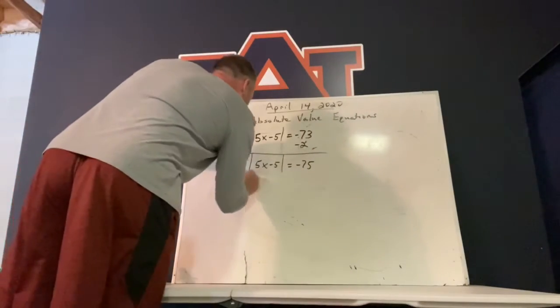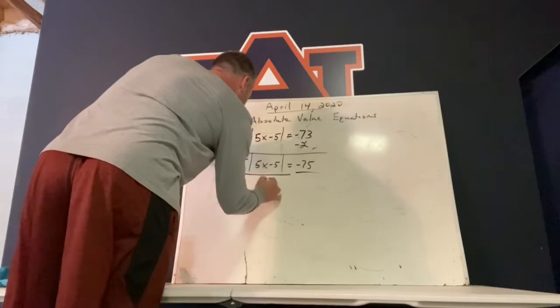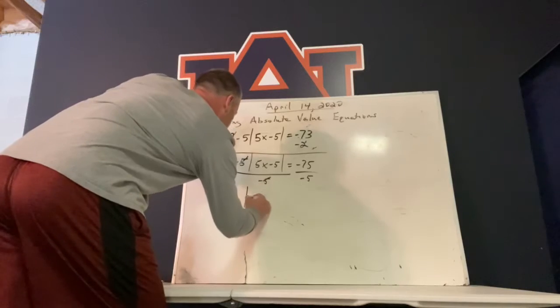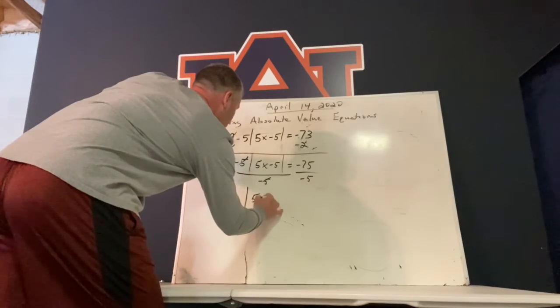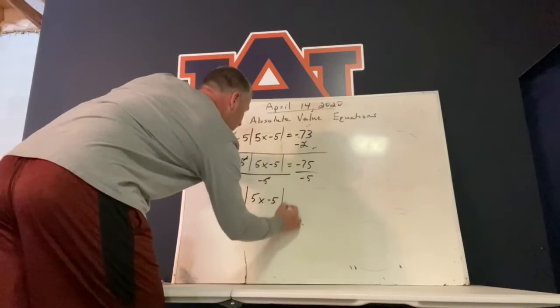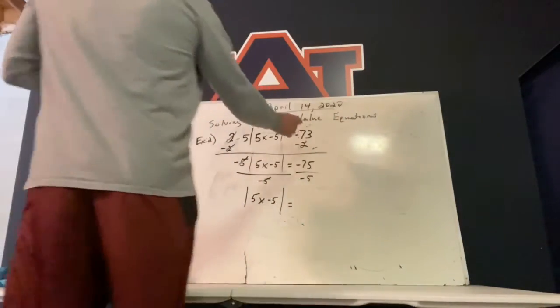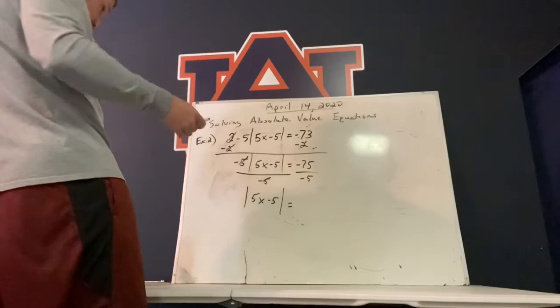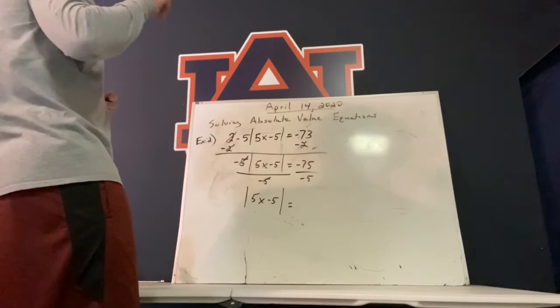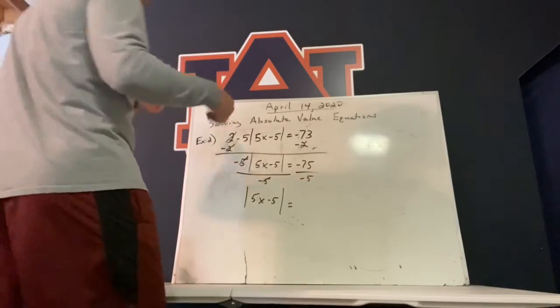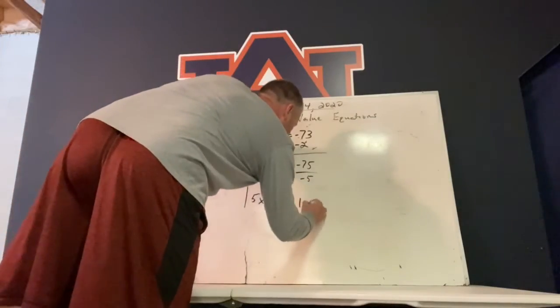So now, I divide both sides by negative 5. So, I get the absolute value of 5x minus 5 equals a negative divided by negative is positive. 75 divided by negative 5 is positive 15.